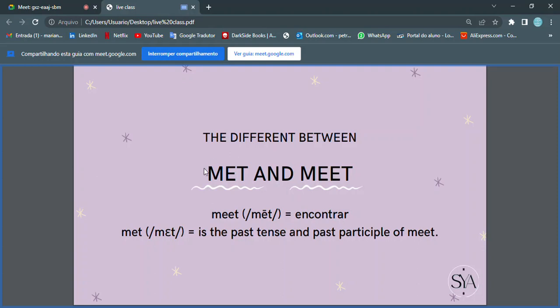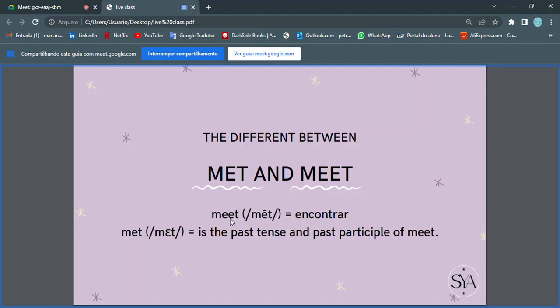And the word met, you say it met, and it is the past tense and the past participle of the word meet. So that's the difference between met and meet. They are the same verb, but in different conjugations, different verb tenses.